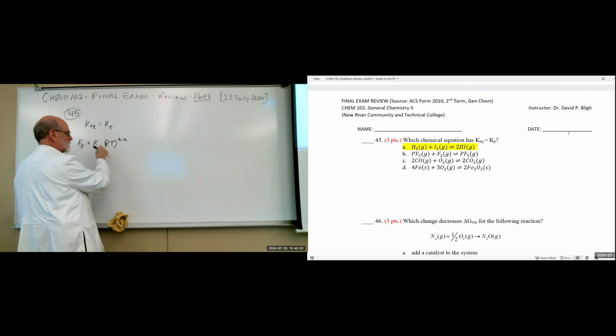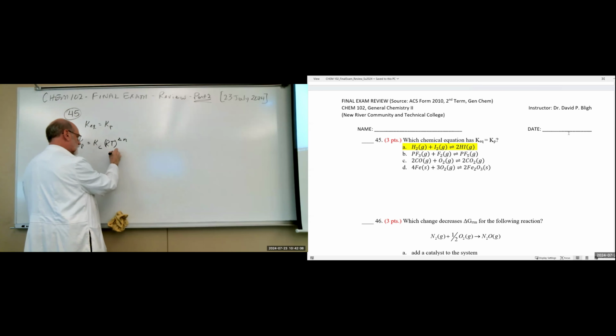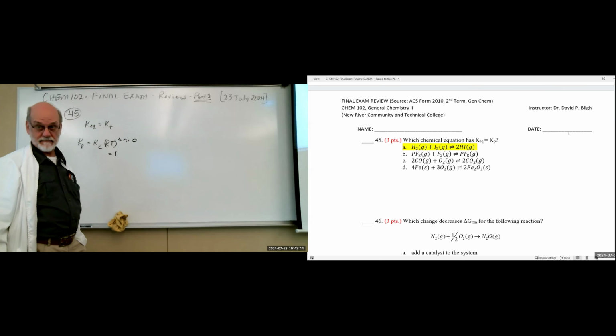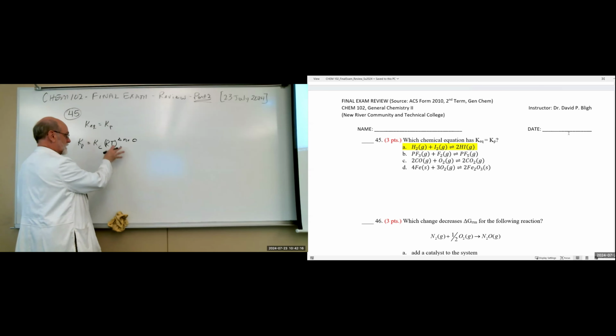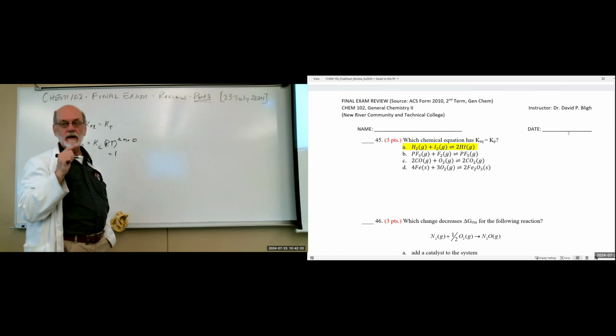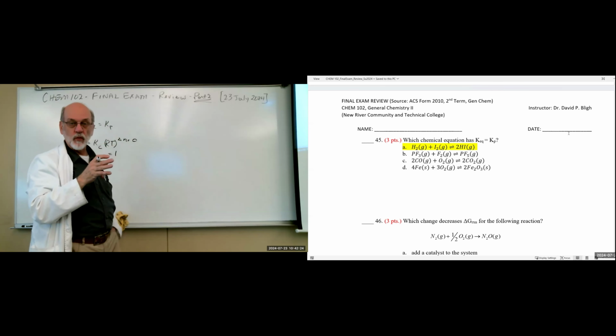When that value is equal to 1. So how would we get this one equal to 1 if that one is equal to 0? Any number to the power 0 is 1. So this change in moles should be 0.